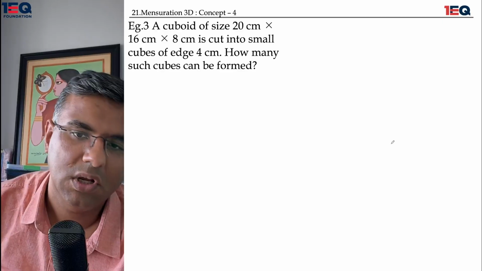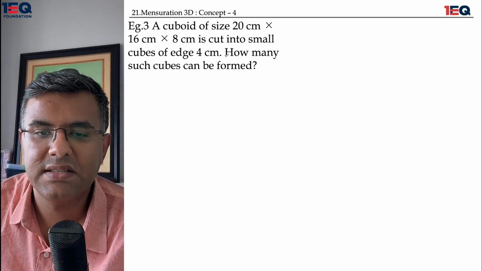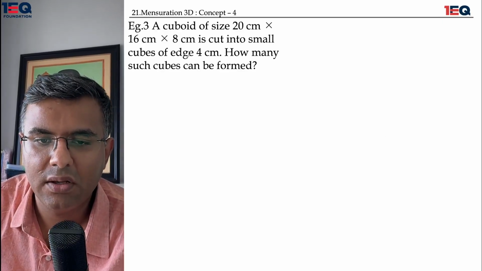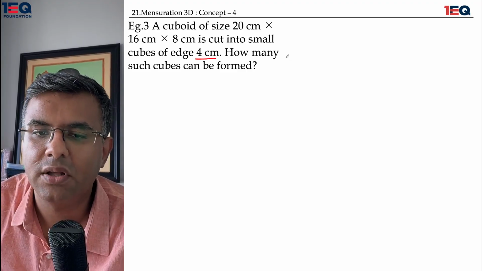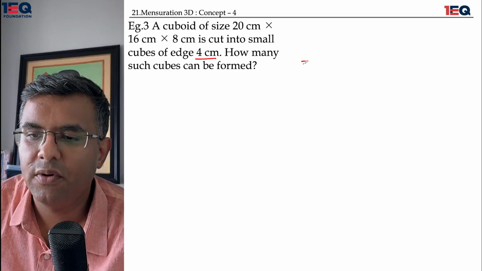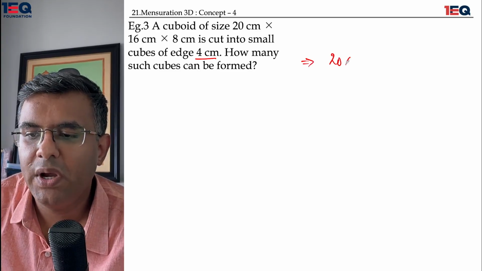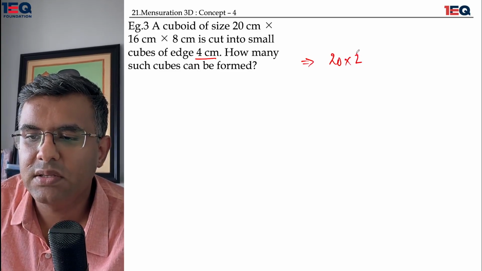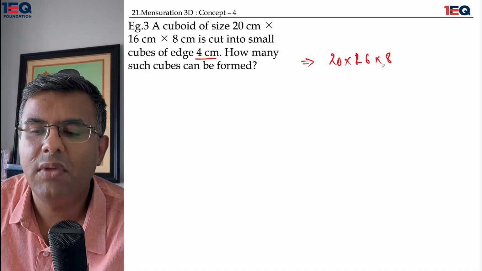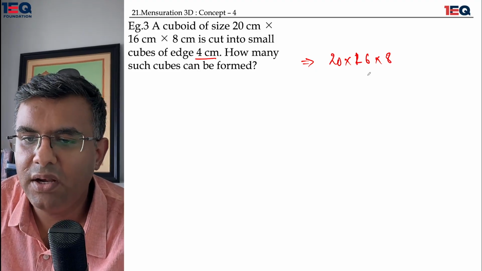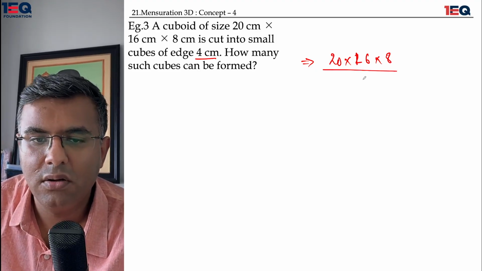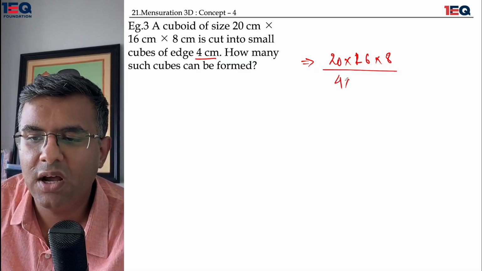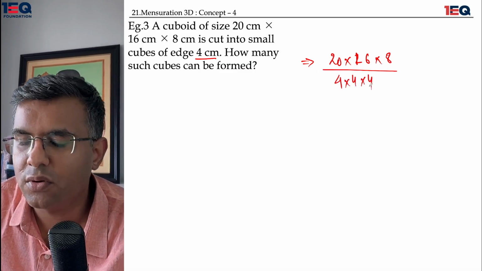A cuboid of this size is cut into small cubes of edge 4 centimeter, how many such cubes can be formed? So we have 20 multiplied by 16 multiplied by 8, and the small cubes have edges 4 into 4 into 4.